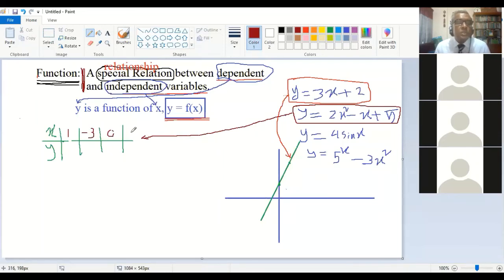You can put X equals to 5.7. It's up to you. Any value you can put. But the Y value will come after calculation. Yes sir. So you will find Y value, Y value, Y value, then put all these points here, and then you will see it may be a straight line, may not be a straight line, right? This is your understanding up to this level.